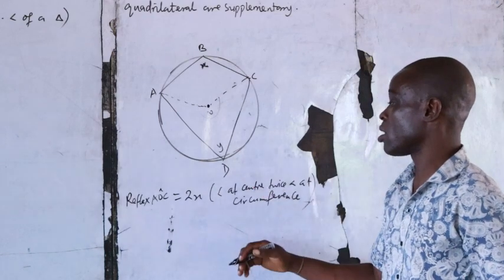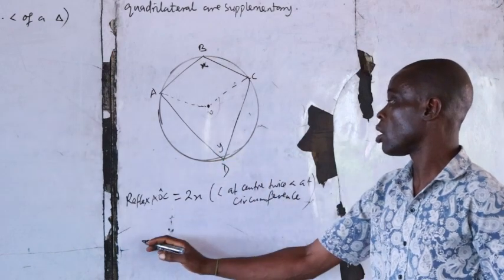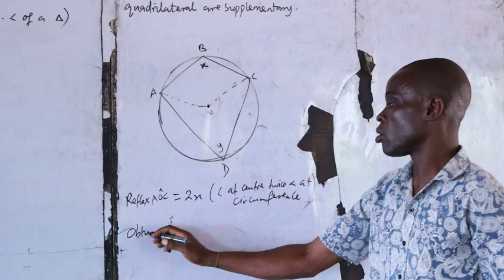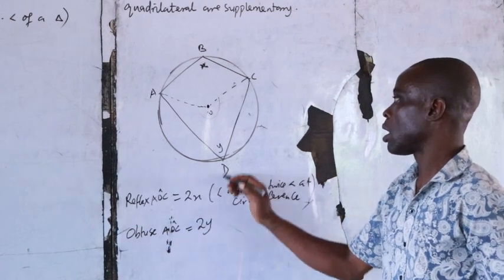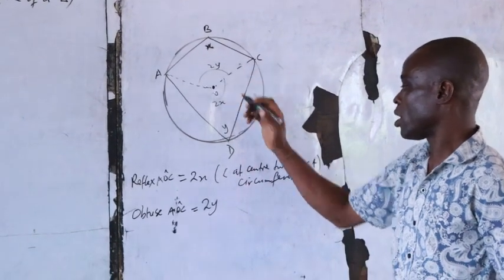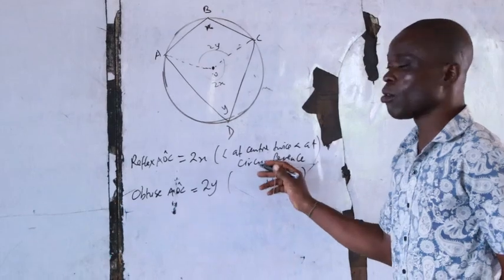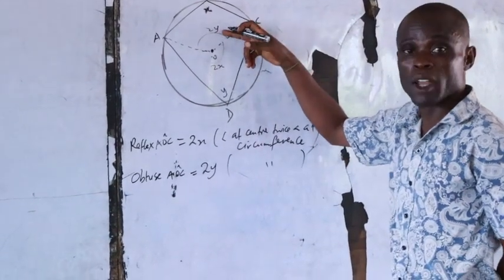Likewise for this one too. I can still have this as obtuse AOC. Obtuse AOC is 2y. This is 2x. This is 2y. Reason: the same reason, angle at center, because this is angle at circumference. Angle at center is 2y.